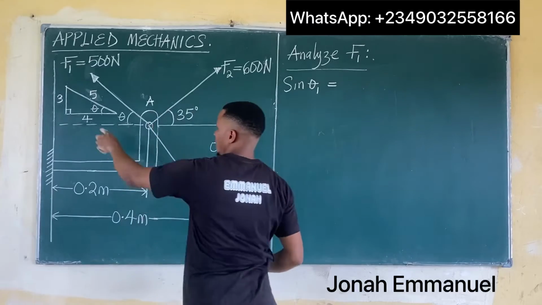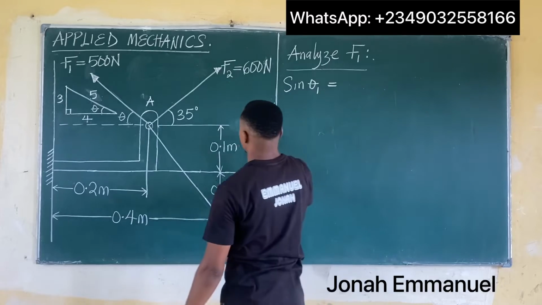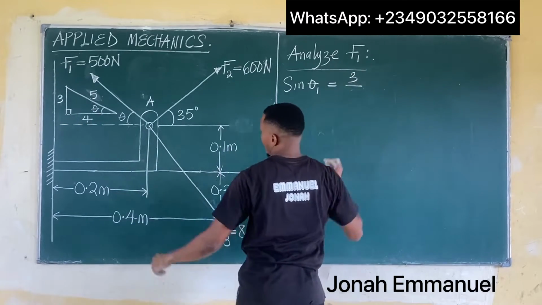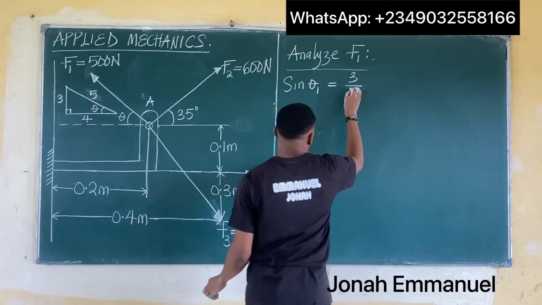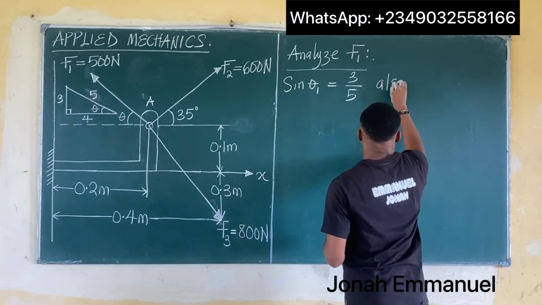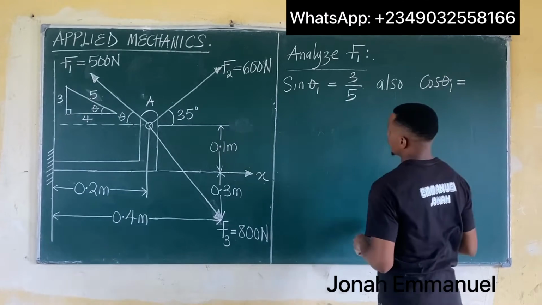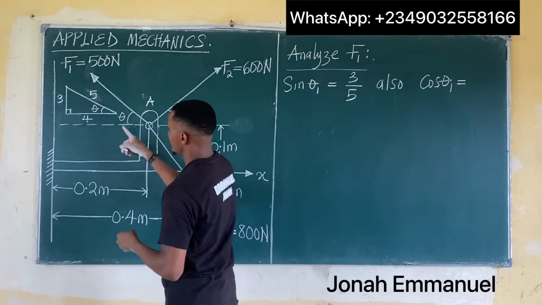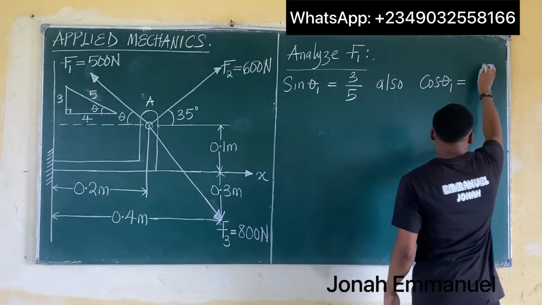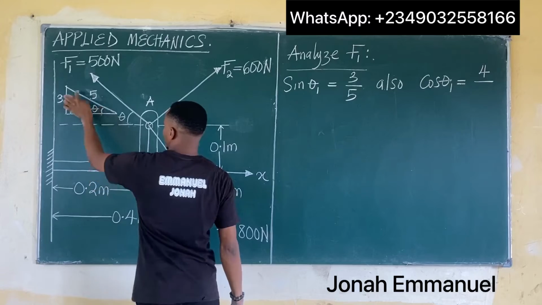Alright, so we now have 3, 4, 5. Sine theta 1 becomes opposite, which is 3, over hypotenuse, which is 5. Also, let's get cos theta 1. Cos is adjacent, and the adjacent of this angle is 4, all over the hypotenuse of this triangle, which is 5.